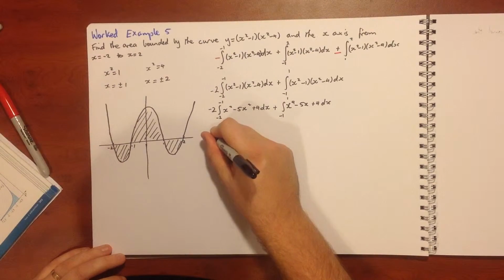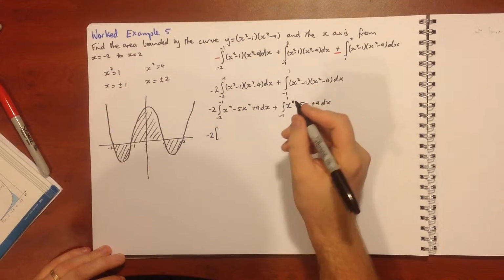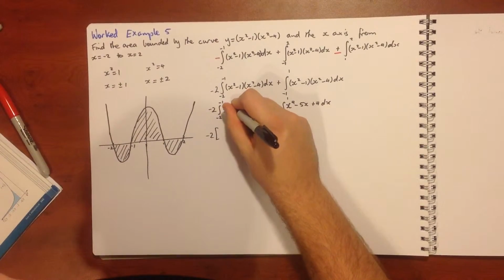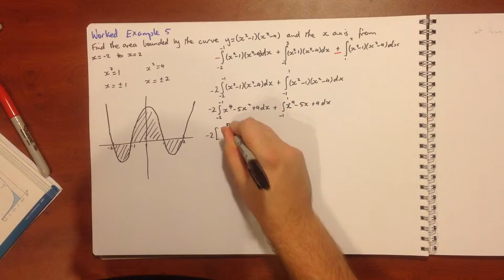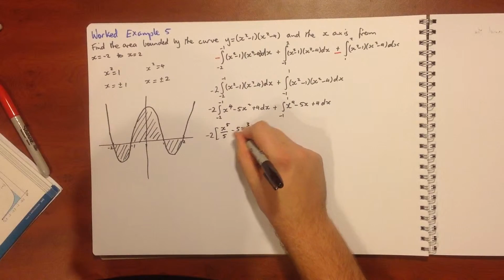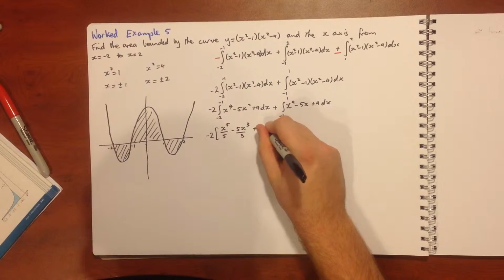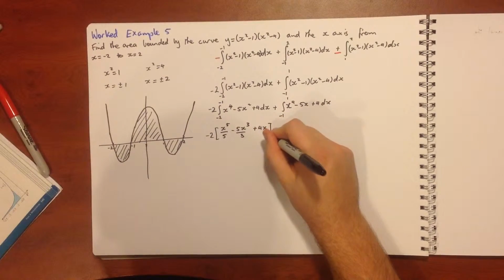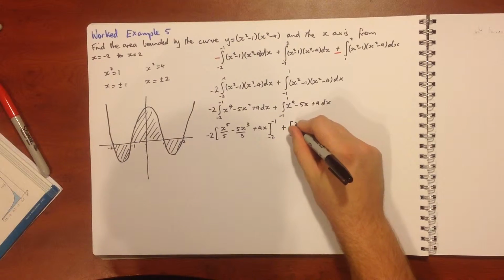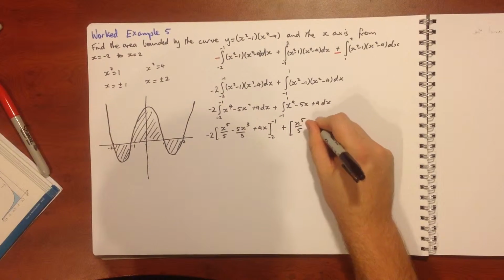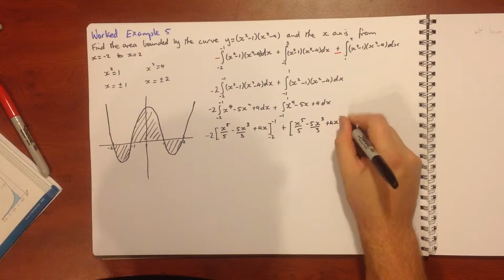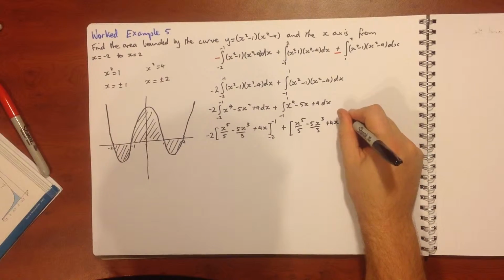So we leave this -2 out the front of our square brackets, which means we're going to get x to the 5 on 5 minus 5x to the 3 on 3, plus 4x, from -2 to -1, plus our x to the 5 on 5, take 5x cubed on 3, plus 4x from -1 to +1.